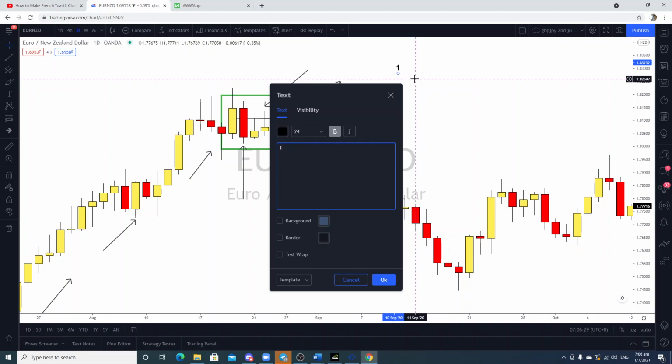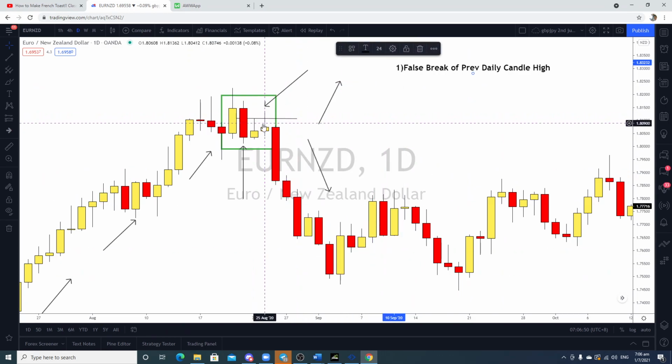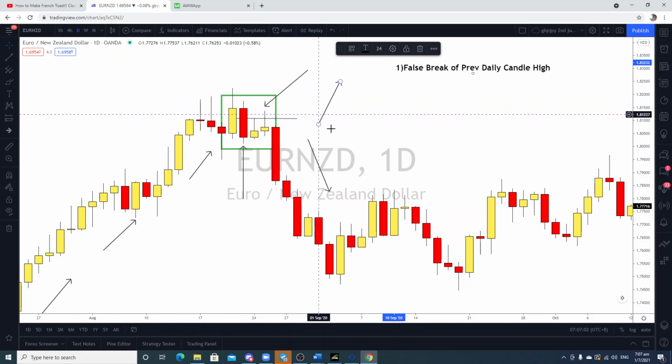First, we have a false break of the previous daily candle high. And what does that tell us? That tells us that the buyers tried to push the prices higher but failed to close above the previous high. As you see, it did try to go up, but it failed to close above the previous high, and failed to close above the mother bar, of course.